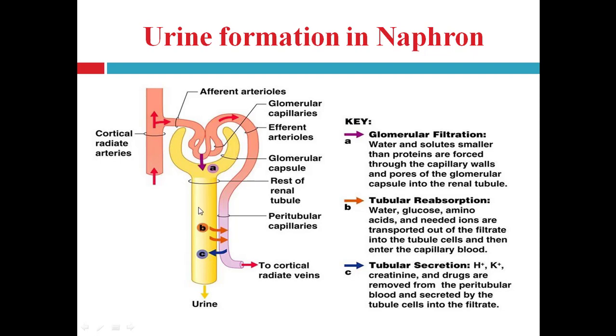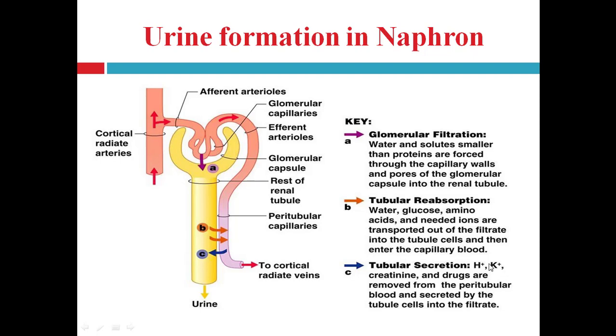As we discussed, essential molecules or ions which are filtered into the tubules are reabsorbed back into the capillaries; likewise, substances that should be filtered but are not filtered into the glomerular capsule are secreted into the tubules, especially in the distal tubules, right.